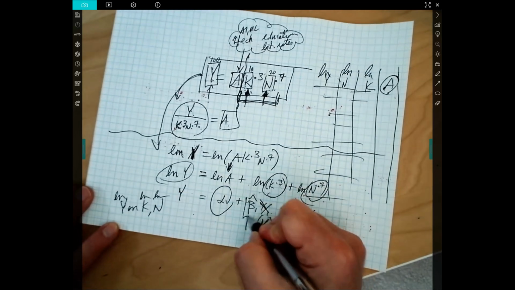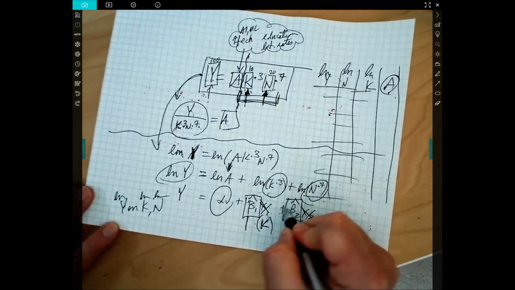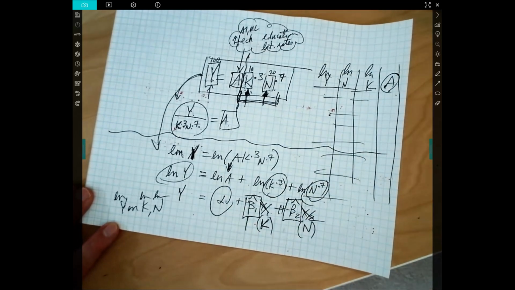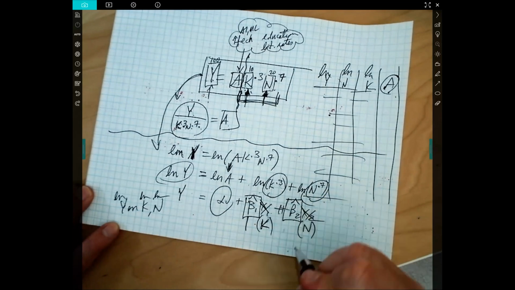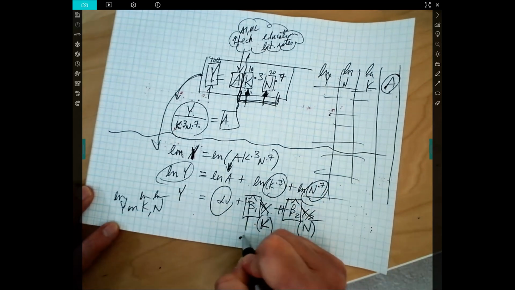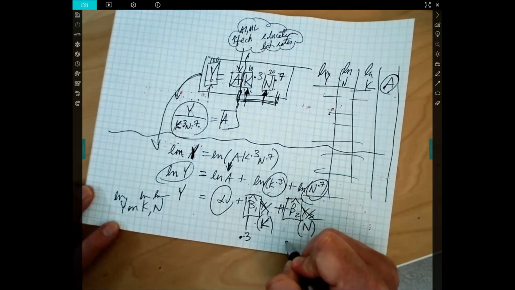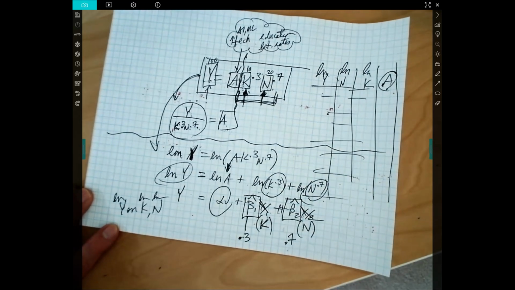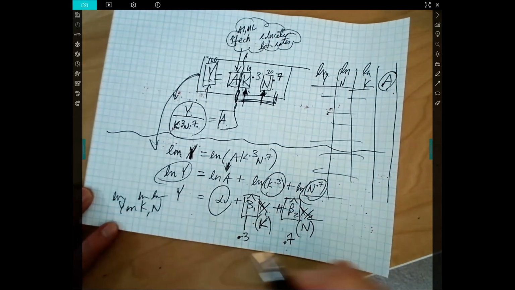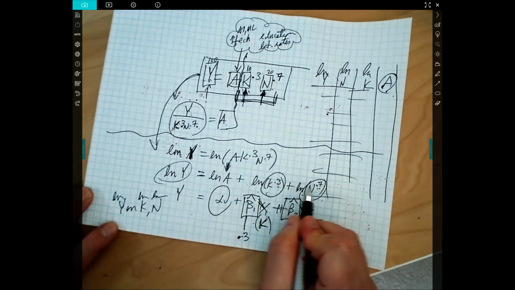And there are estimates that come out of that in ordinary least squares. We actually talk about this at the end of Econ 206, linear regression. And when you do that, this turns out to be about 0.3. That turns out to be about 0.7. That's where those numbers come from.